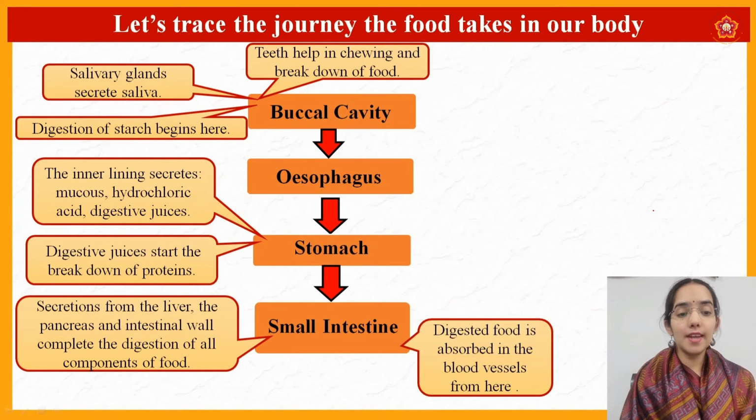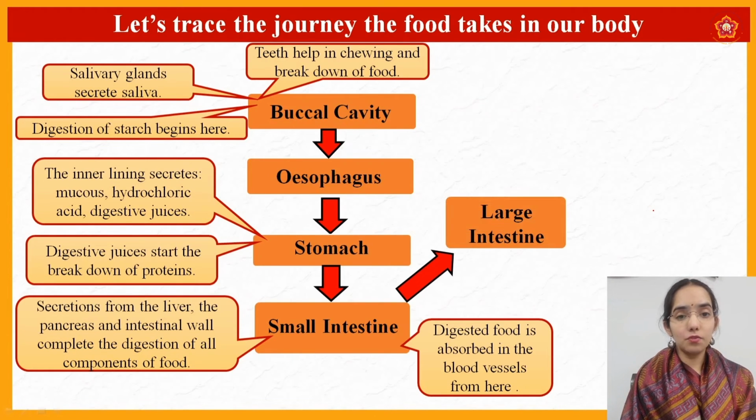Then what? Then the digested food is absorbed in the blood vessels. So the digested food gets absorbed by the blood vessels in the small intestine. Then the undigested food, where does it go? Into the large intestine. From the small intestine, the digested food is absorbed by the blood vessels, and these blood vessels will circulate this digested food to all parts of the body, while the undigested food goes into the large intestine.